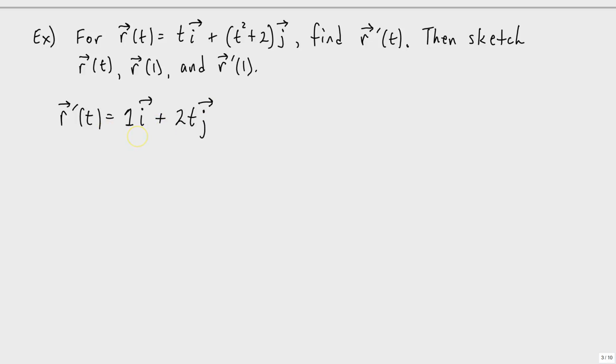So there's r prime. And then it says sketch the given function, the function evaluated at 1, and the derivative at 1. Well, the derivative at 1 would just be i plus 2j, and the original function evaluated at 1 would be i plus 3j.